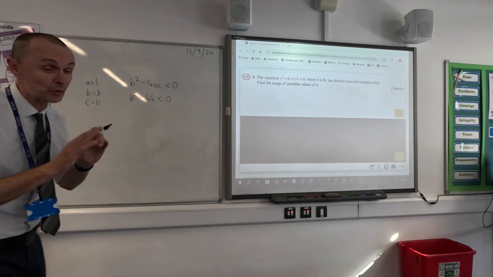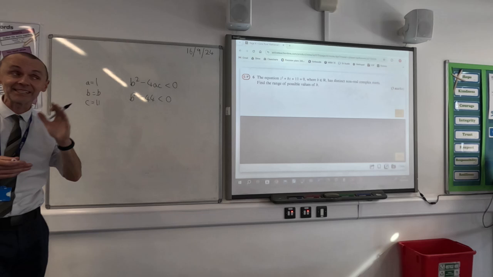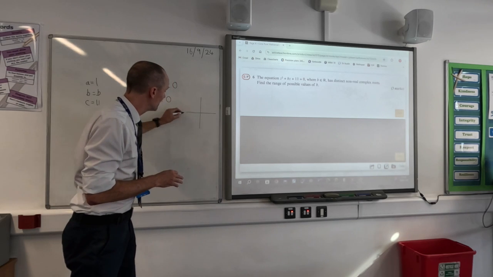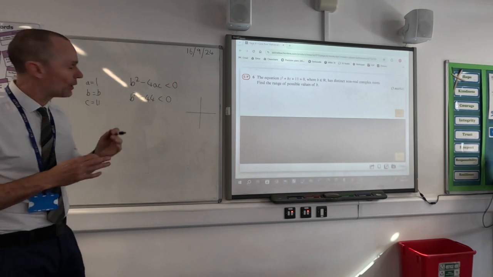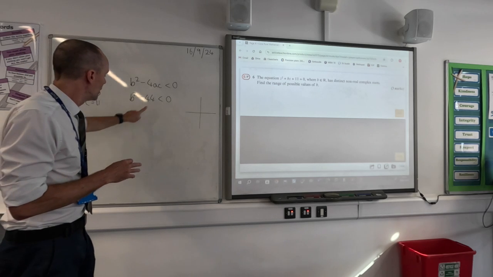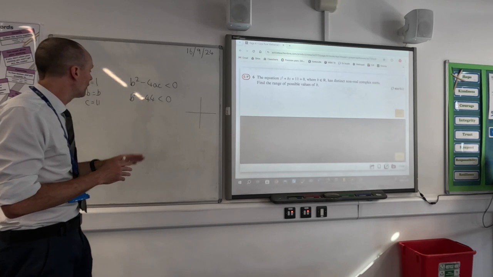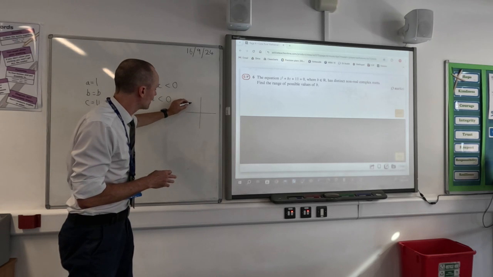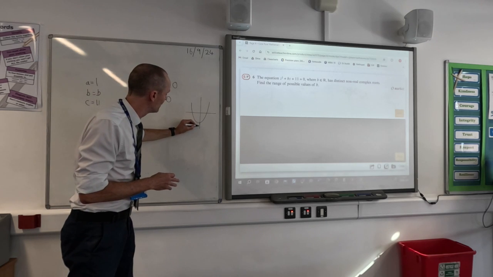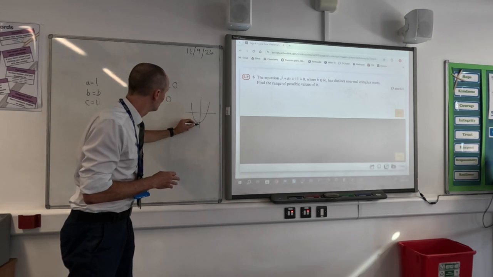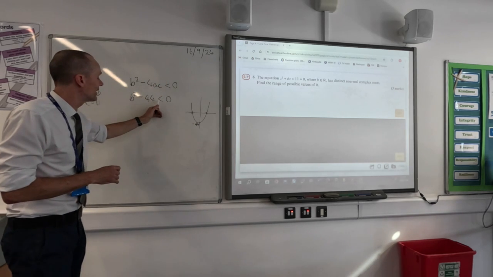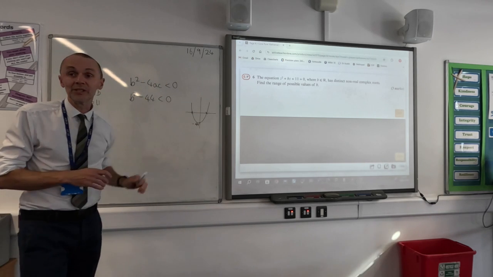Now, we solved quadratic inequalities at GCSE, and you may remember me saying, always, always, always do a little sketch. I know if it was y equals x squared minus 44, it would be the y equals x squared curve that's been pulled down to minus 44. So the key to know when this is less than 0 is to know these 2 points here, the roots.